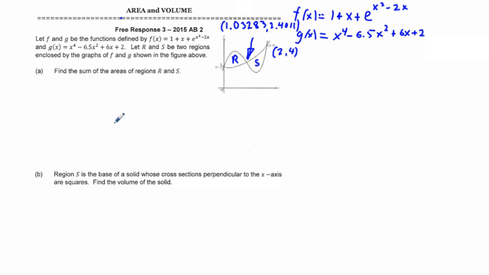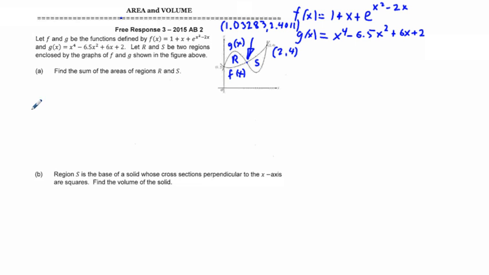Again, we want these two areas, and the top curve is going to be this g of x function. So I'll put g of x up here, and the one down here will be f of x. And so for region R, we want to find the sum of these two regions.